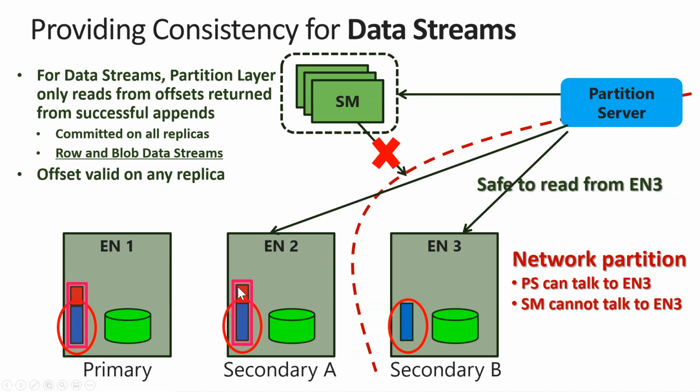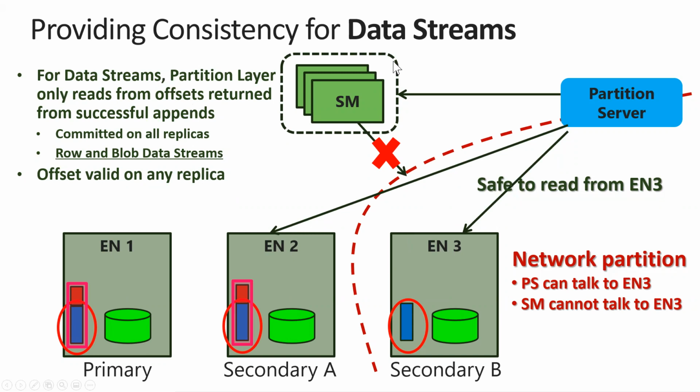According to the partition server, this data does not exist. It only knows about this data, so it can read from any of the nodes, even in case of network partition. This is how they provide consistency for data streams.